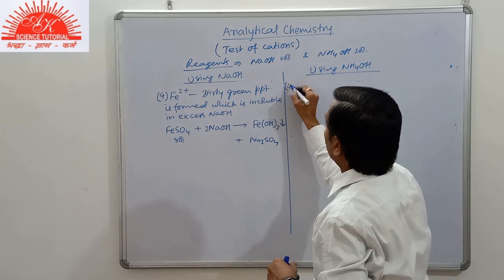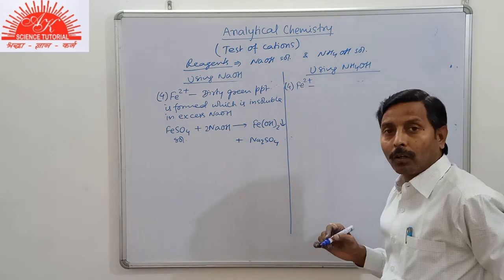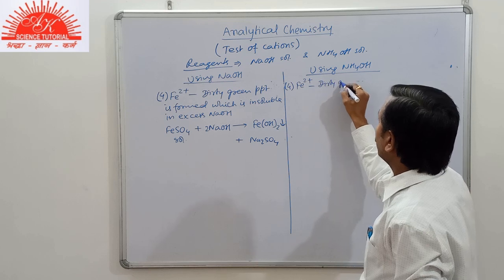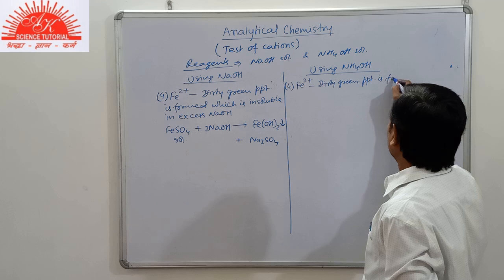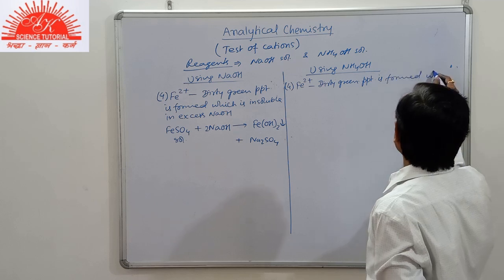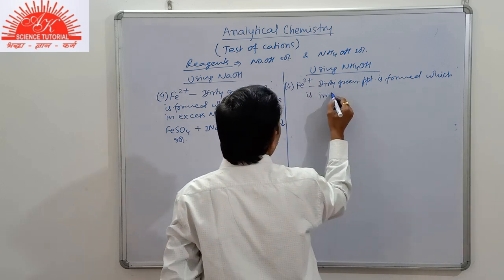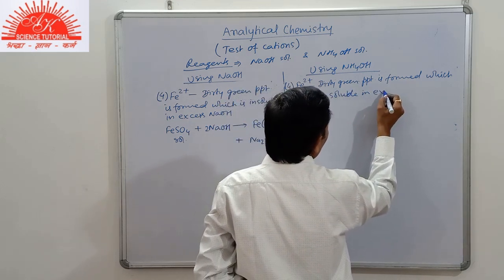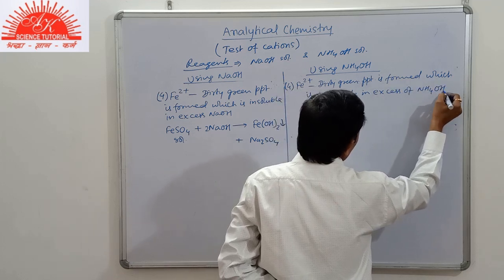Same observation is obtained with ammonium hydroxide also. That is, it also gives a dirty green precipitate which is insoluble in excess of NH4OH.